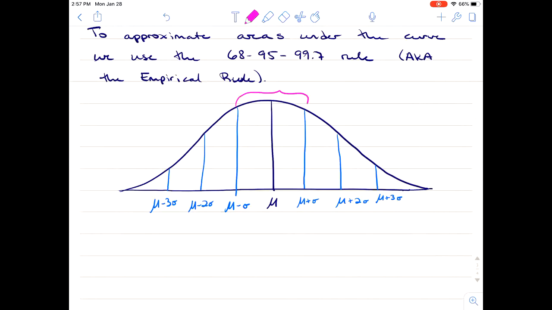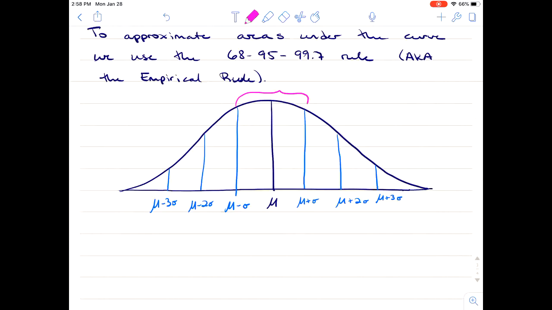The 68, right, says that from the mean, if I move out 1 standard deviation on either side, the area between these 2 points is going to be 68% or 0.68. When we're doing calculations, we like to work with the decimal, but whenever I'm talking about these areas, I end up doing percentages.